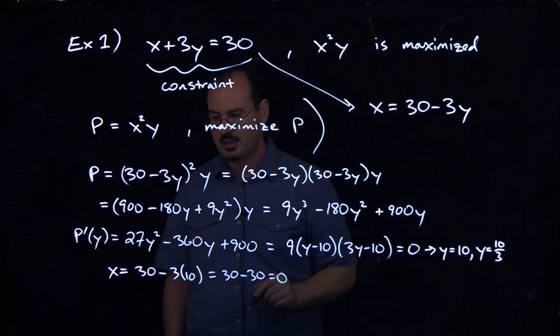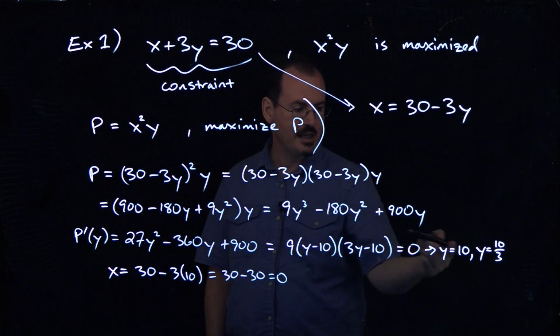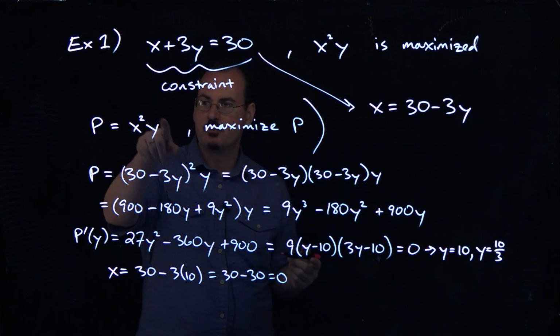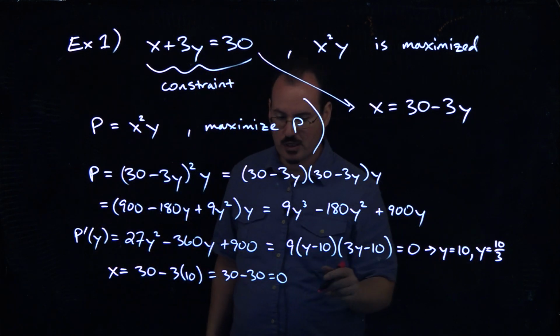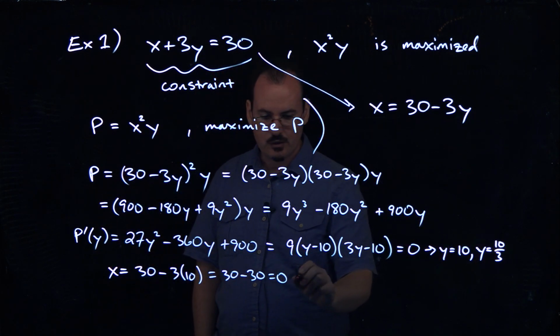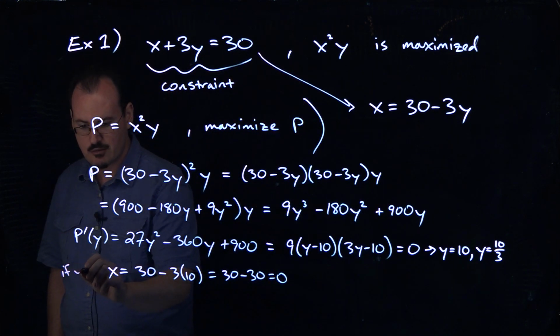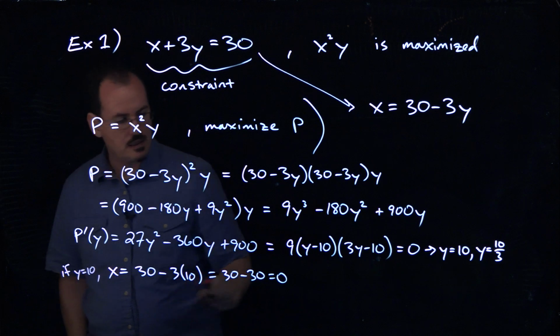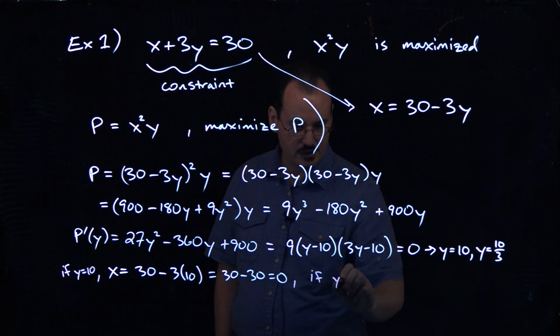Well, 0 is definitely non-negative, but notice that if we use 0 and 10, we're going to get P equals 0. Okay, so if the other one gives us a larger number, then that's the one we're actually interested in. So this is if y equals 10.